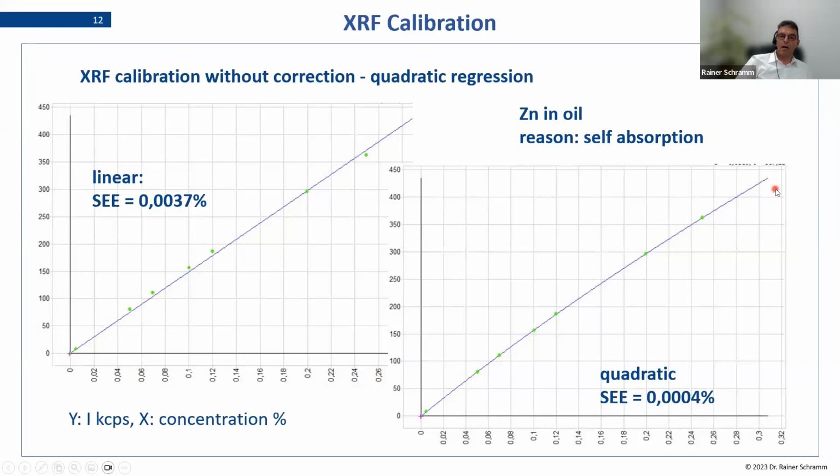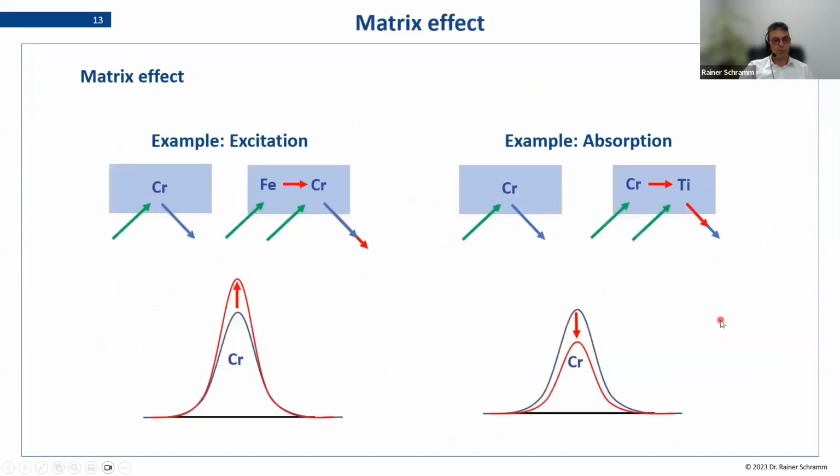In this case, I would say it's allowed to use that quadratic approach. And you see that you have about a factor 10 better fit to the line. In all the other cases where you are not sure if this makes sense or not, please don't do it. Don't use a quadratic approach if you are not sure, because there's always a big risk that you overcorrect your calibration model.